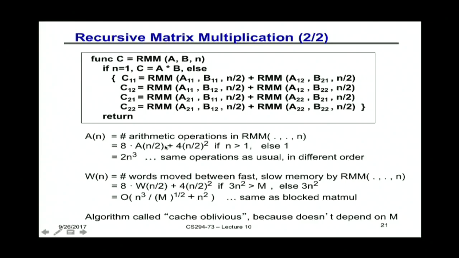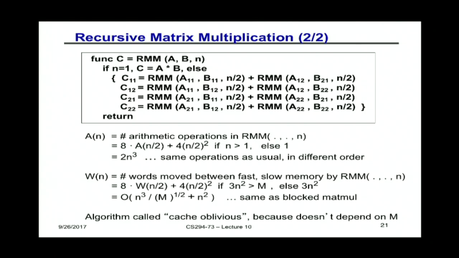Remember, we have 8 of them. And then the lower order term is 4 of those additions, which is n over 2 squared. So that's the lower order term. When you write down this geometric sequence and add them together, in the end it's still 2n cubed. You're not saving the floating point operations. Here, you're just changing the order of operation. So that's the important point.